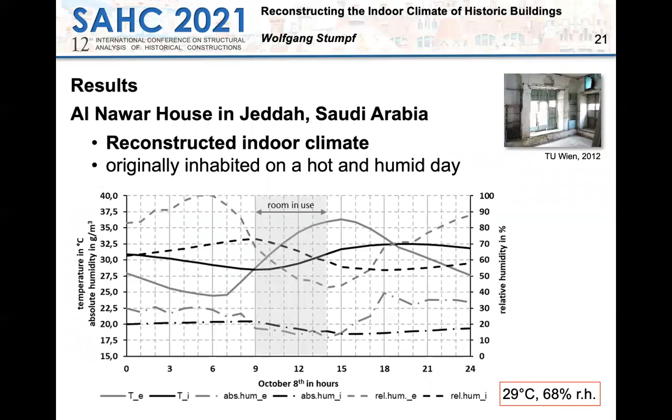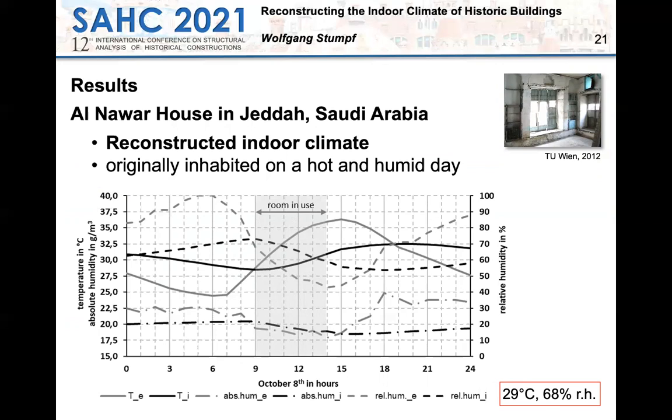In a third test object, I also proved this method. I reconstructed the indoor climate, the temperature, air velocity, and relative humidity in a room of an already abandoned residential building in Saudi Arabia, in Jeddah.